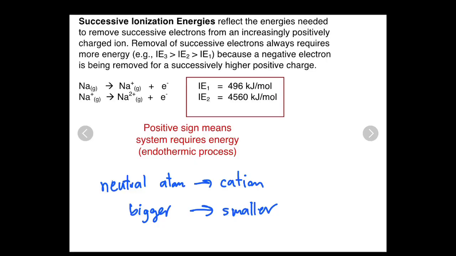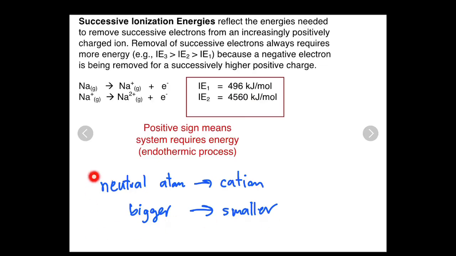So therefore, the size would shrink a little bit. Once an atom becomes a cation, the size will get smaller because of that. And as the size gets smaller, removing the second electron is going to require more energy.